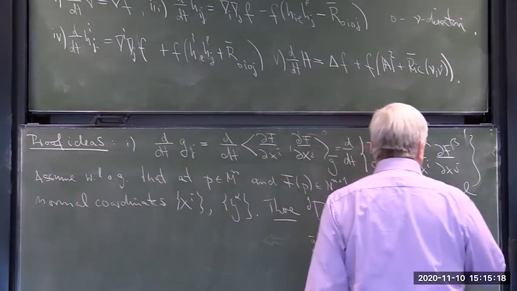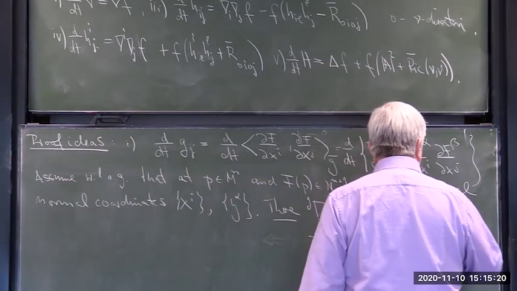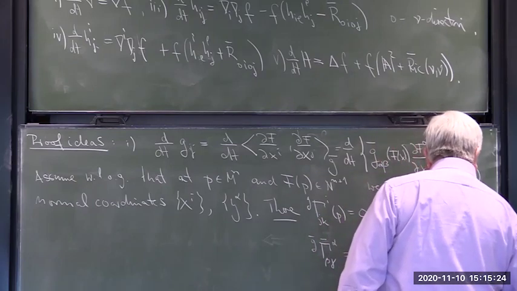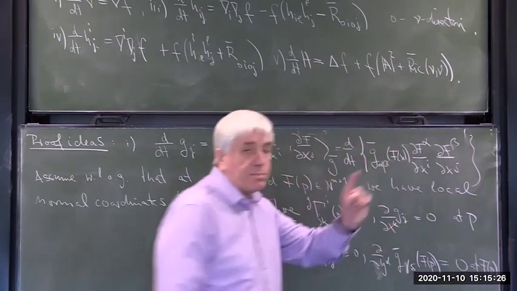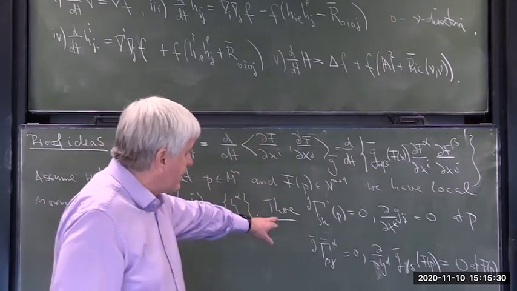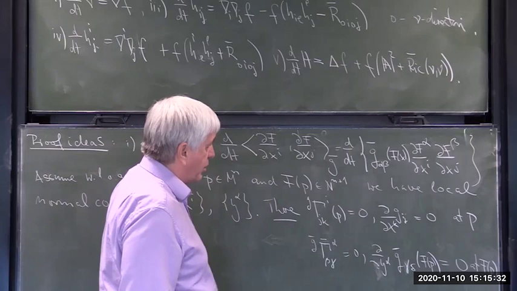So this is at P, this is at f of P. Only at this point, not in the neighborhood. But you can assume at those points, this is 0.